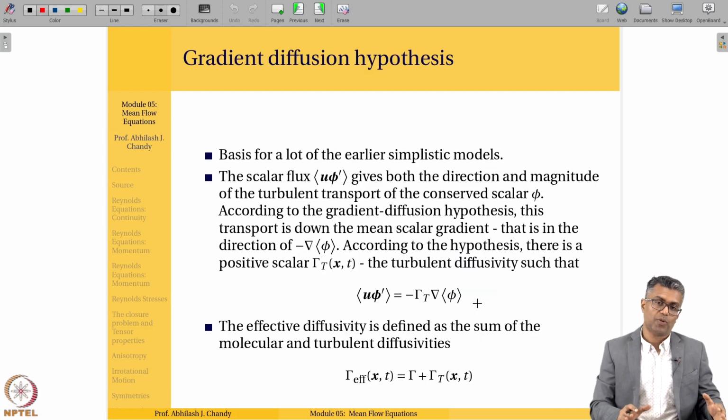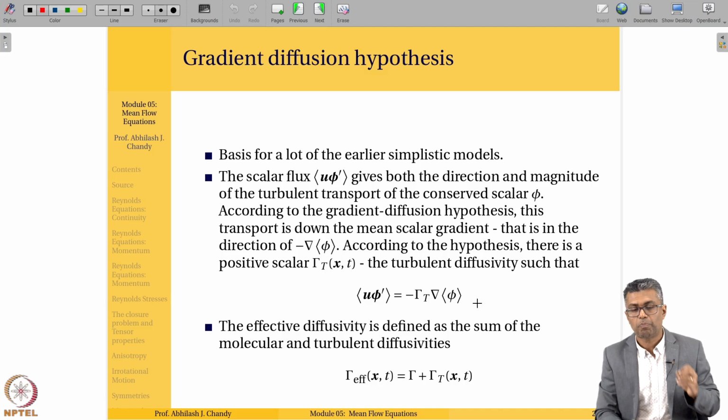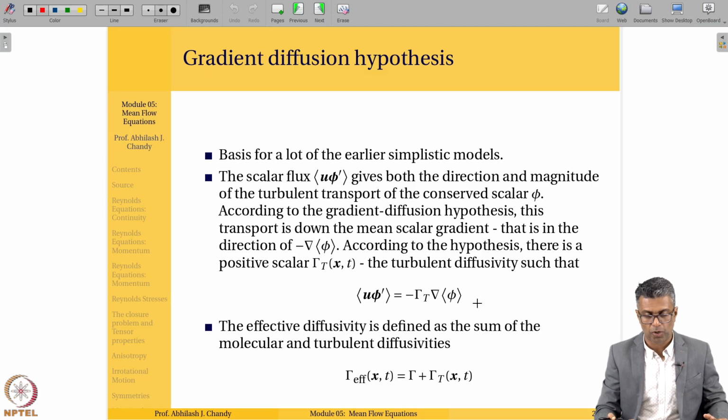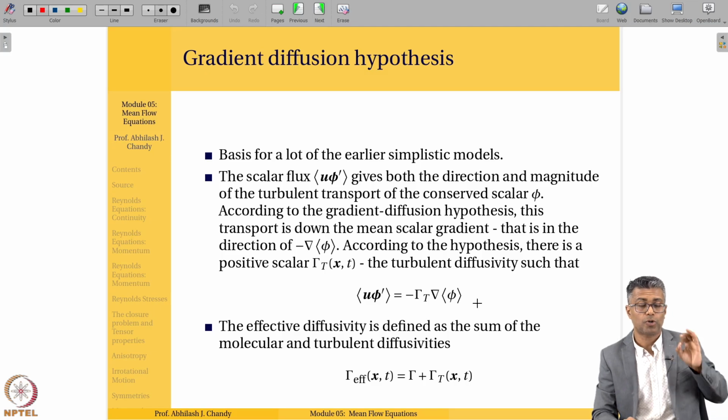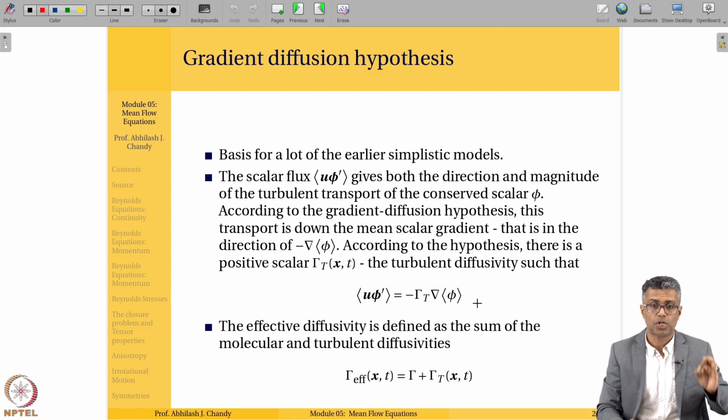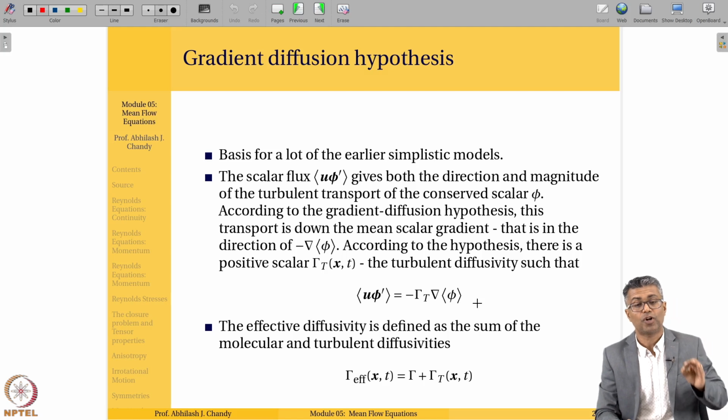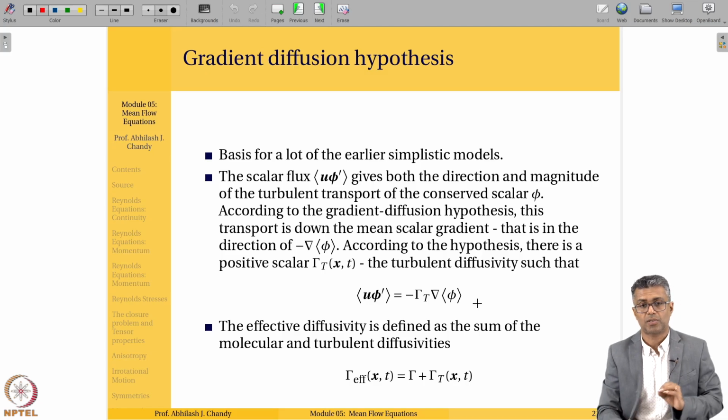The reason we discussed the mean scalar equation is so that we can discuss one of the most important hypotheses in turbulent flows, which is the gradient diffusion hypothesis. Most turbulence models, and I'm talking about turbulence models, not solving the Navier-Stokes equations exactly as you would for a direct numerical simulation, almost every turbulence model utilizes this gradient diffusion hypothesis.